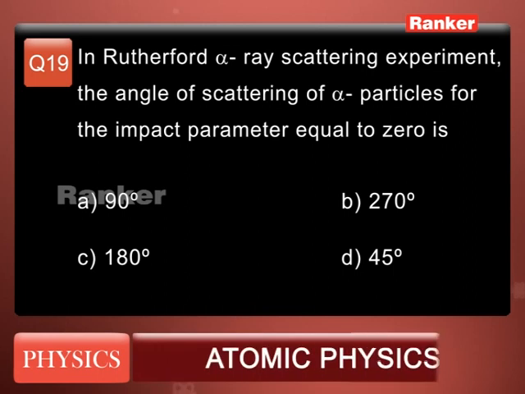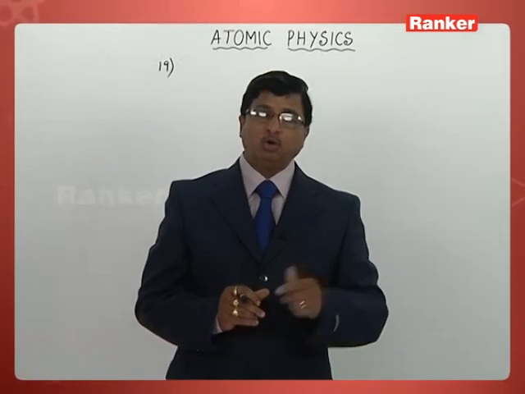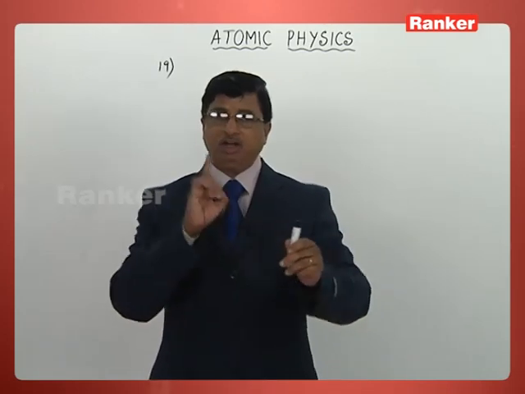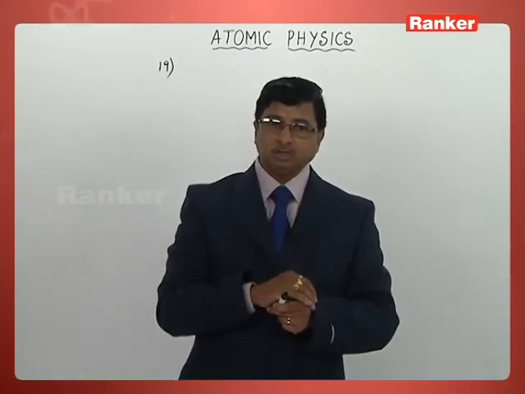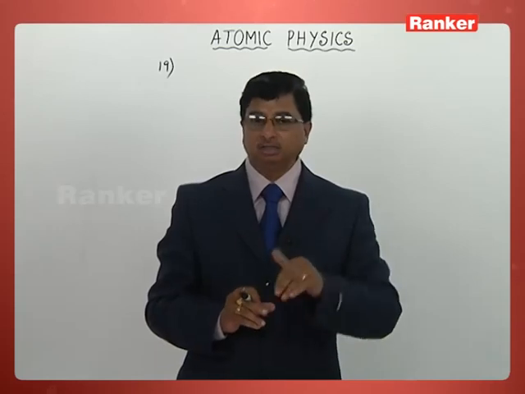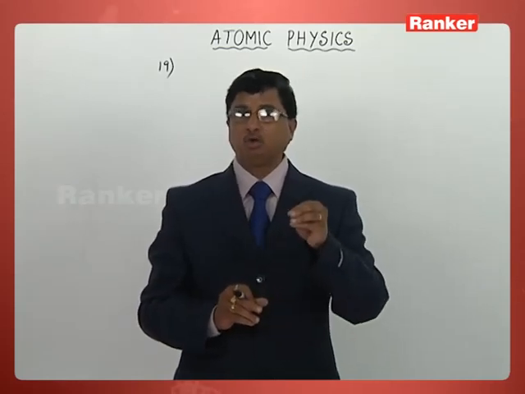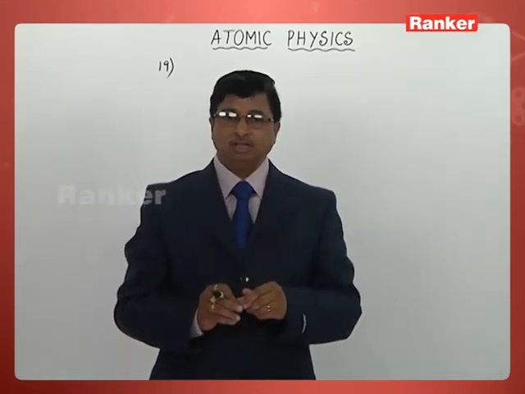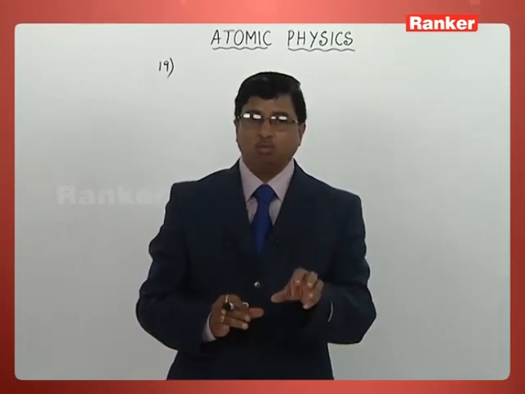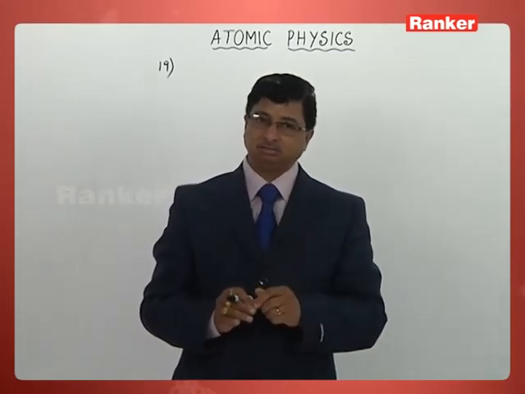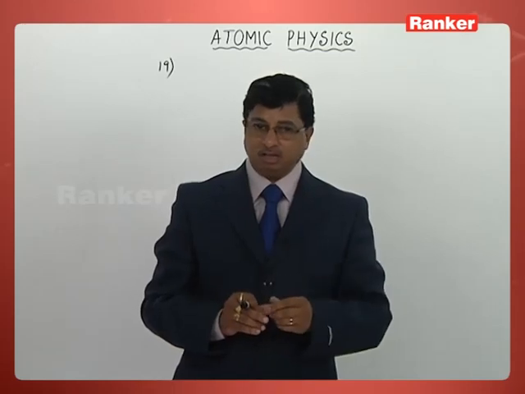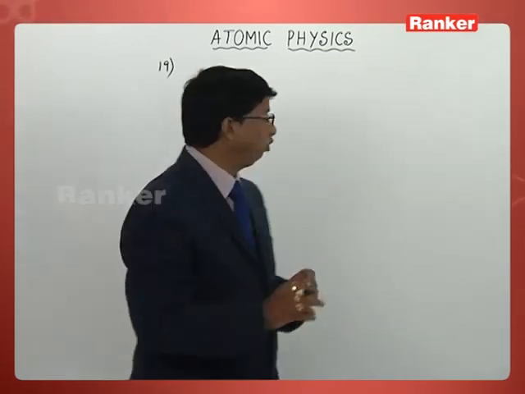In fact, impact parameter will be 0 only when the collision is like head-on. So what must be the correct angle for impact parameter to become 0? The angle should be 180.